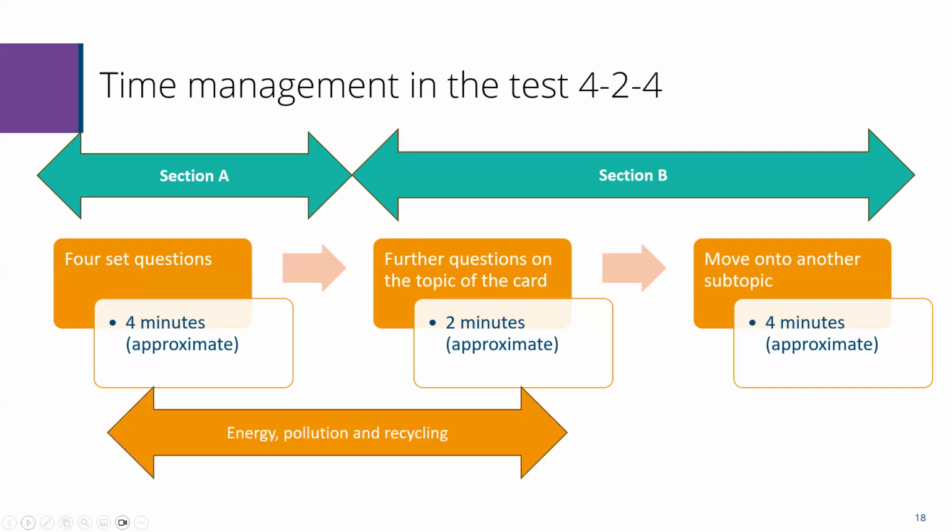Okay, so that part of the test is going to be about energy, pollution and recycling. And then another subtopic, we move on to travel, transport and tourism there, okay, in the example that we saw.